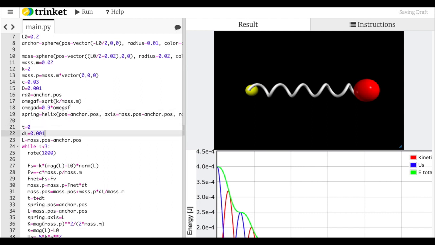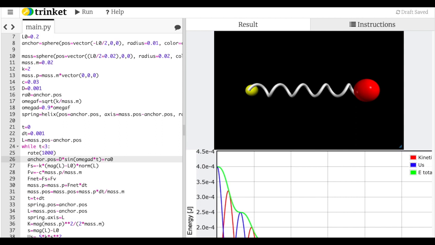So down here, the first thing I'm going to do is update the position of the anchor. So I'm going to say anchor.pos equals d times sine of omega d times t plus RA0. I think this will work.